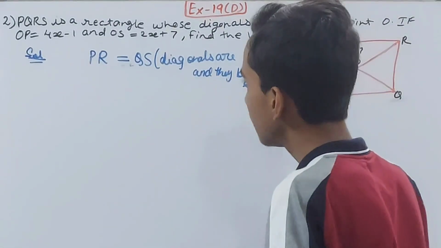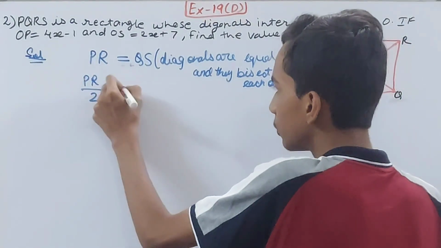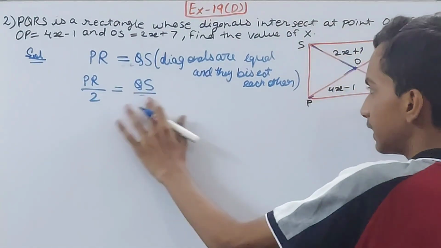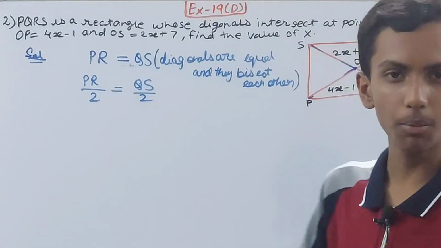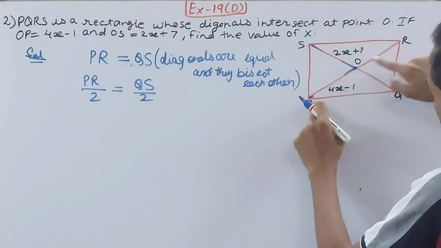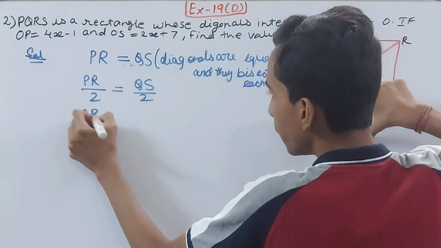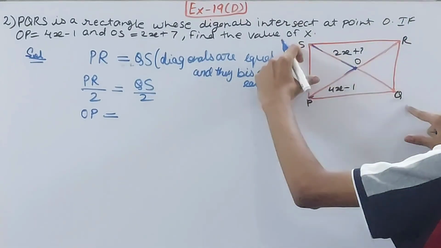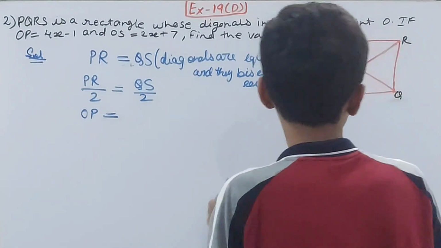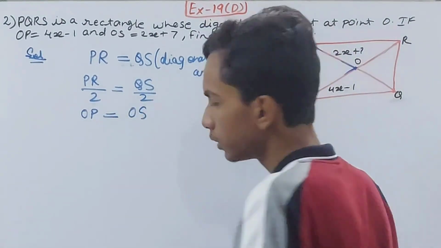Look, if PR is equal to QS, then PR upon 2 will also be equal to QS upon 2. Just the concept that I just discussed. We are taking half from each diagonal. So half of PR you will take as PO or OP, and half of QS you will take as OS. So OP equals OS.